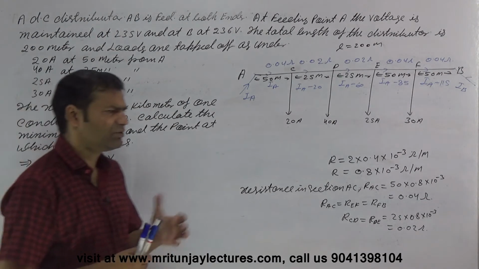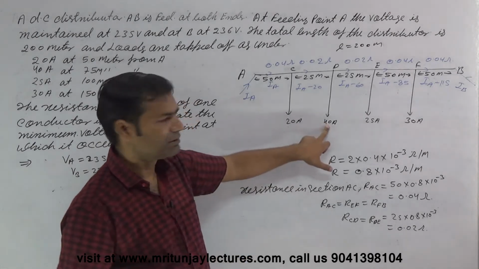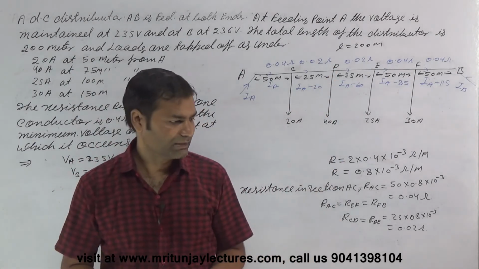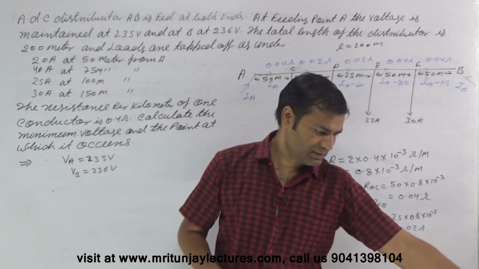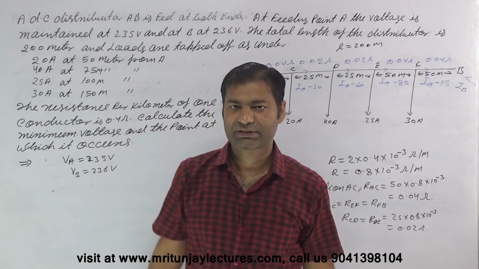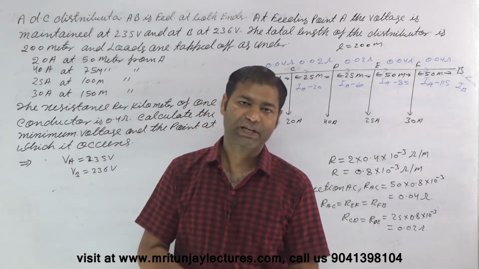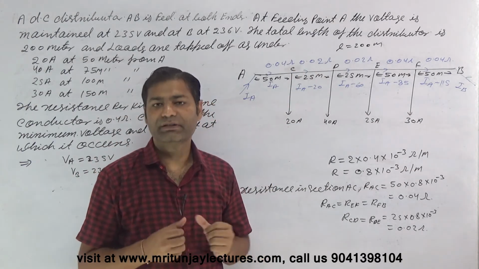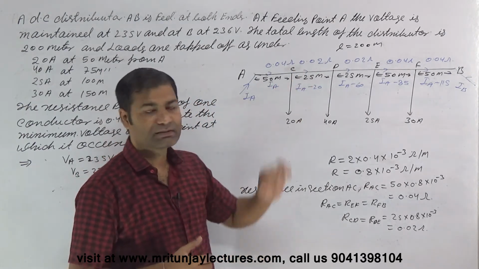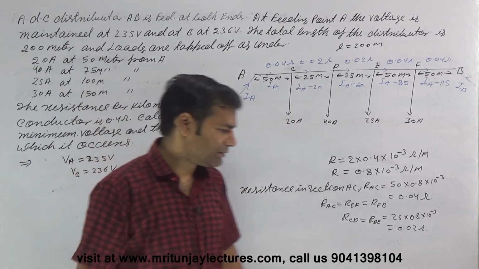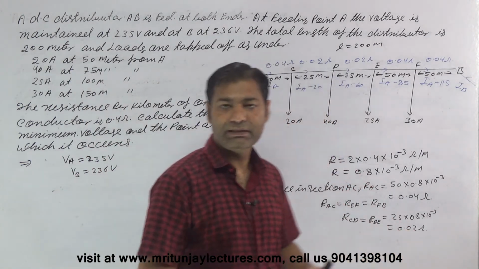I know where the maximum current is, here, so we determine VD. The voltage corresponding to the maximum current is the minimum voltage. But how can we determine it? If we determine IA, then we can determine this voltage. So how to determine IA?